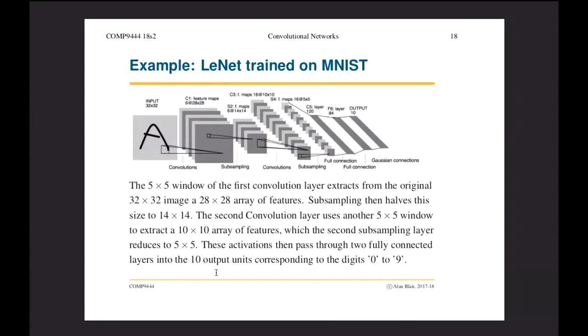And then I do another convolution. Again these filters are 5 by 5, but this reduces the 14 by 14 to 10 by 10. And for some reason I decide to have 16 of these. And then I do another max pooling.